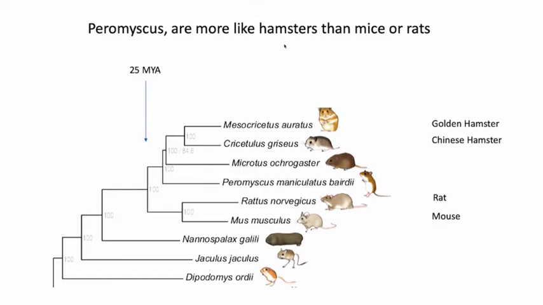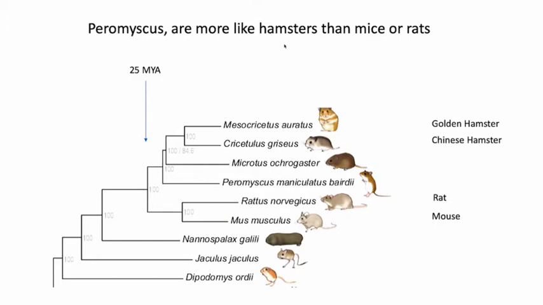This is a simple tree I found that I unfortunately didn't cite, showing the phylogenetic tree of some common mice-type things we know about. Here's Mus, or the house mouse, lab mouse, and rat. So you can see there, despite us calling Peromyscus up here a mouse, it's actually not that related to a house mouse at all.